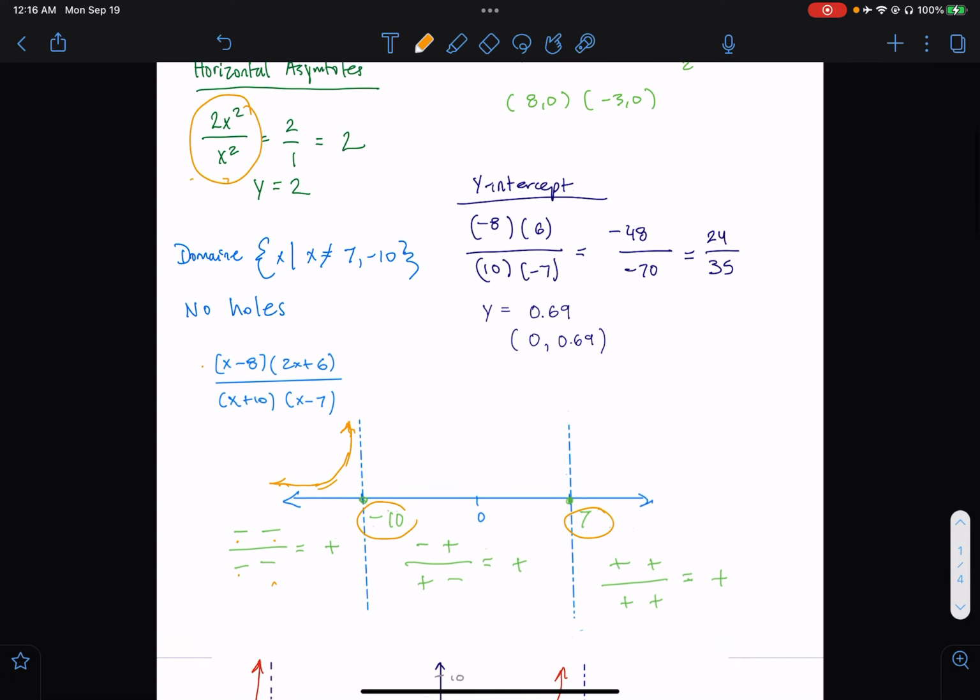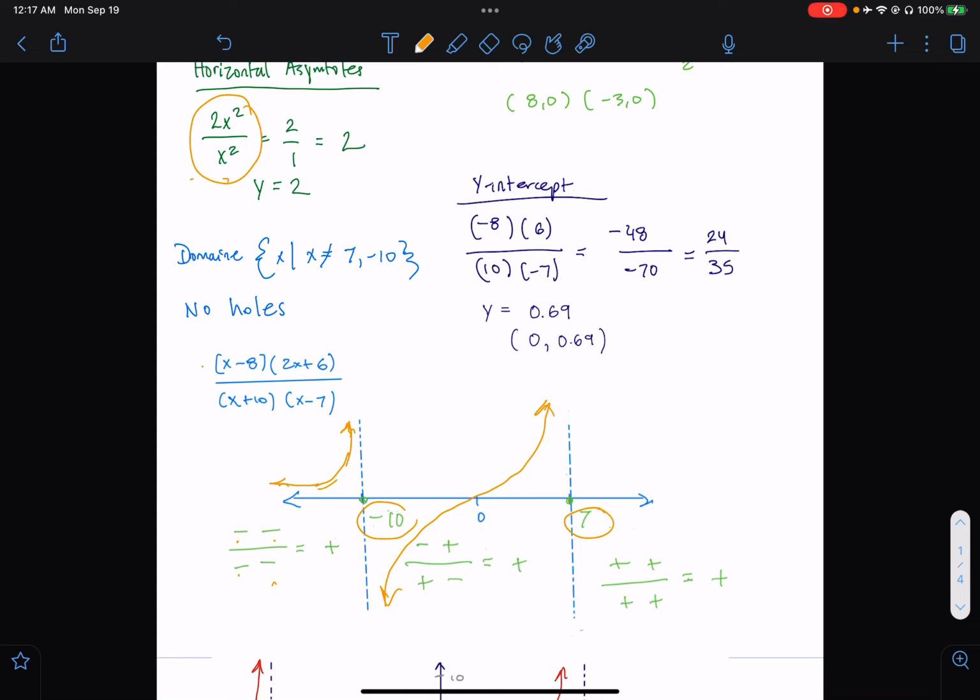Now I did the same thing for the middle portion of my number line and found that a negative times a positive divided by a negative times a positive is a positive, which also signified that the graph will be moving from negative to positive. So it'll be moving in a positive direction as well.